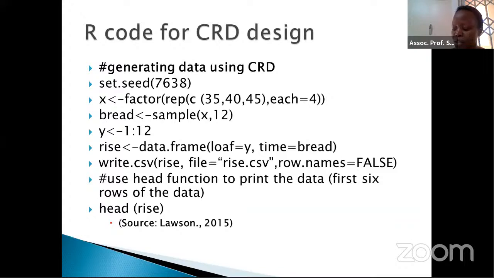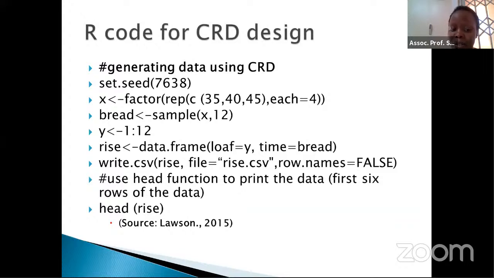So that's what the data.frame function does. Then we write our rise to a CSV file so that we can open it in Excel. So that is the last part of our commands.